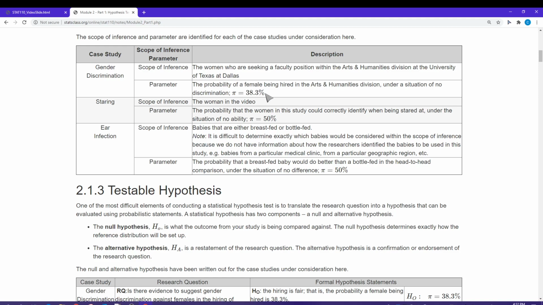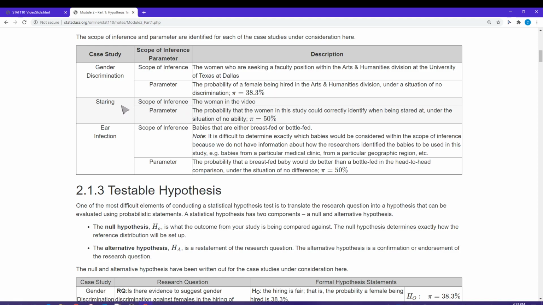The parameter for that situation is the probability of a female being hired under a situation of no discrimination. And from the data, we determined that that value was 38.3%. The parameter is how the reference distribution is set up.